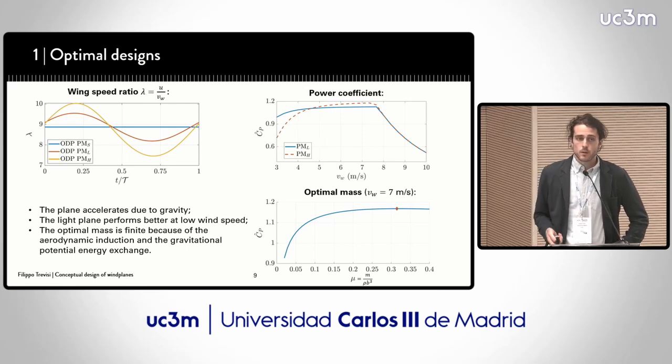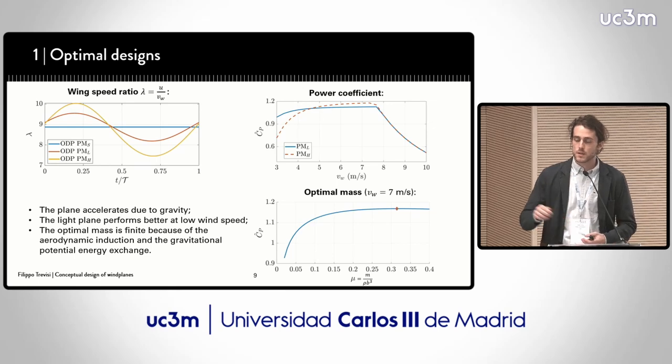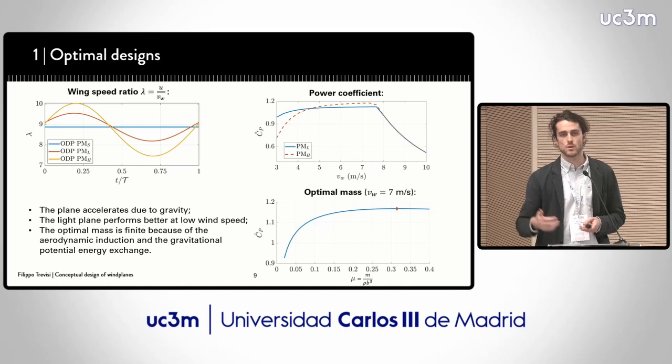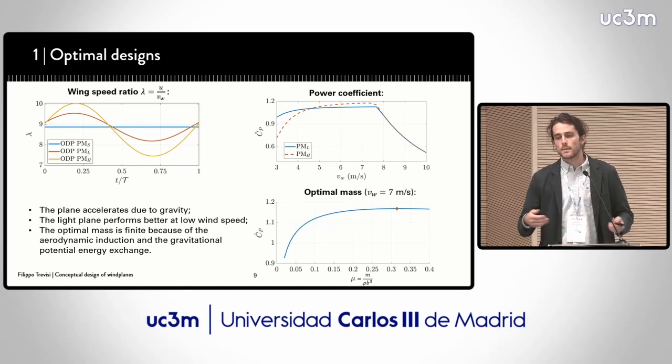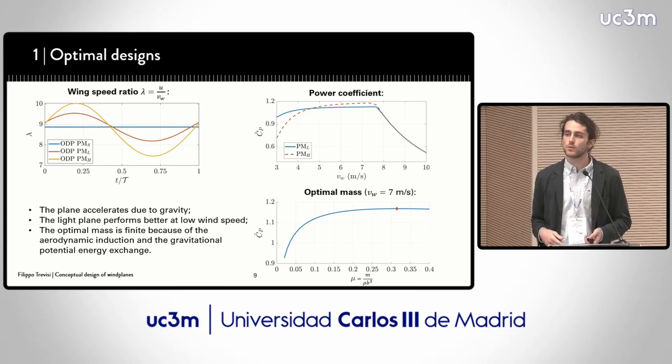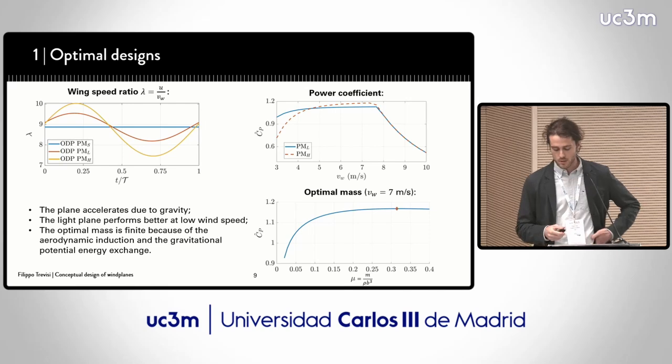And on the bottom right, we see that we ran this sensitivity on the optimal mass, finding that there is an optimal mass. Why is there an optimal mass? As we said, because if we fly really tight loops, then we stop the wind too much. We create a lot of induction. If we fly really large loops, then there is a lot of potential energy fluctuating over the loop, and there is an efficiency loss associated with that.